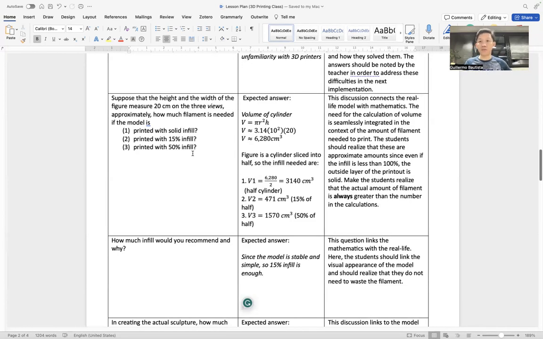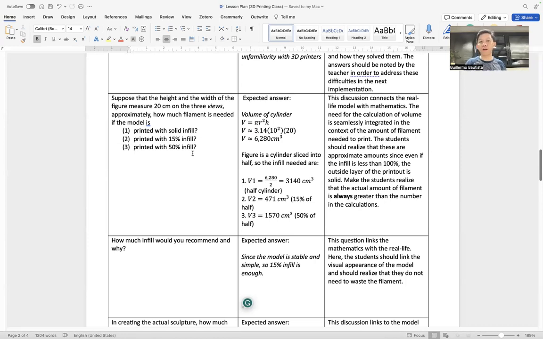This question actually connects the 3D printed object or 3D printed model with mathematics, and here it is in the context of volume. I created the need for them to compute the volume, not just calculate the volume without even the need.